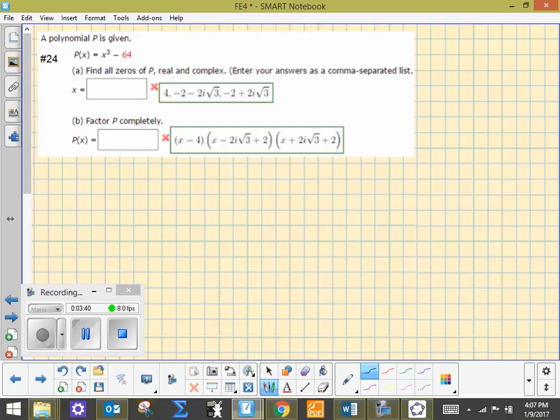This one, remember, we talked about in class. We want to factor. We've got x cubed minus 64. It's a difference of cubes, so that's going to go a minus b times a squared plus ab plus b squared. So here, a in this case is going to be x, b is going to be 4.